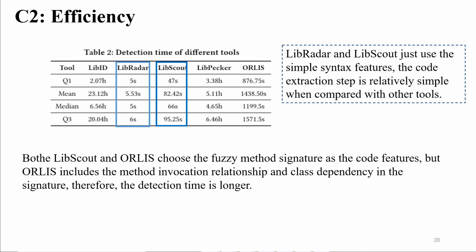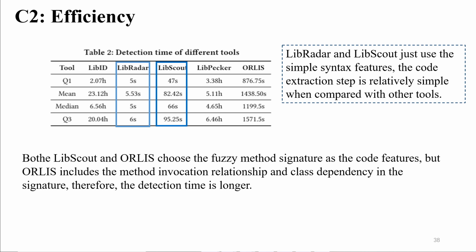Here we can see the reason is that LibRadar and LibScout choose only some simple syntax code features to identify third-party libraries, but other tools such as LibID, LibPecker and Aurelians all include sophisticated semantic information.